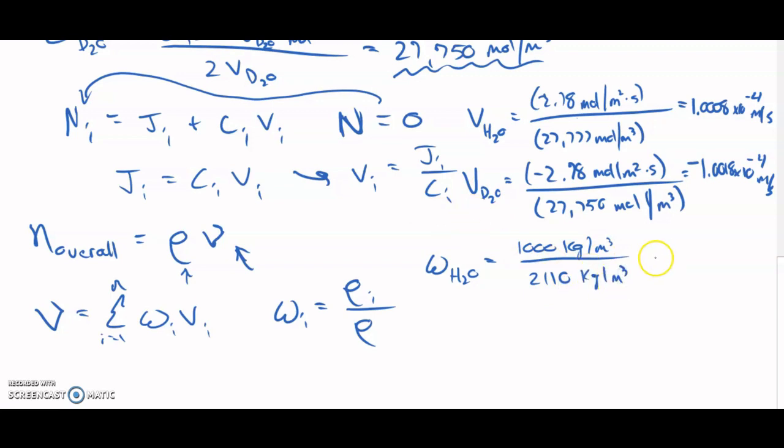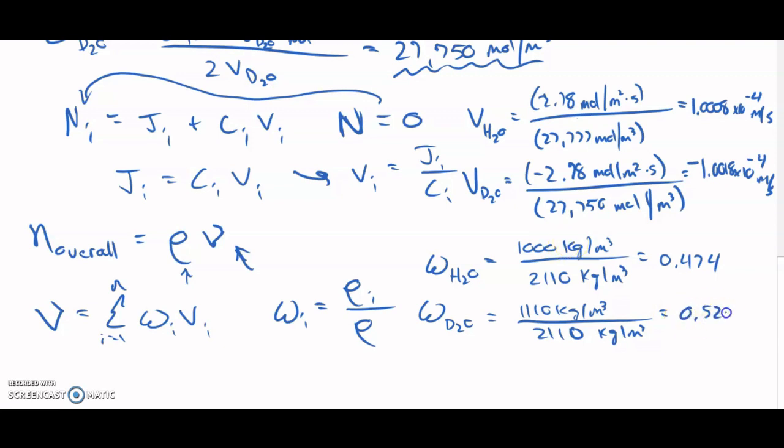That's just the sum of both densities. That's equal to 0.474. And then the mass fraction of D2O is equal to 1,110 kilograms per meter cubed over 2,110 kilograms per meter cubed. So that is equal to 0.526. So those are the mass fractions for each component.